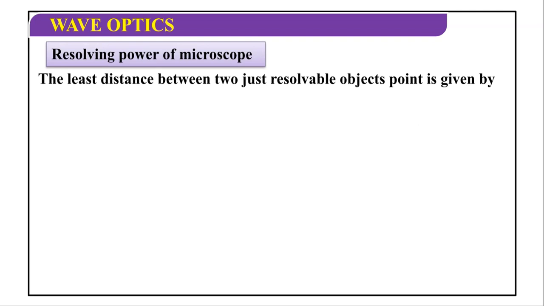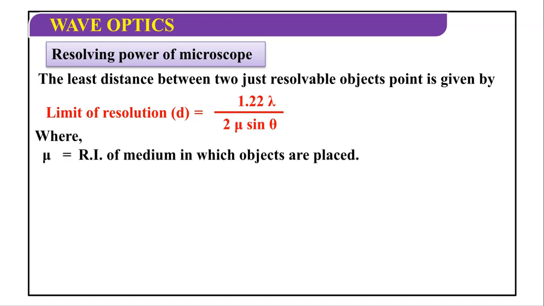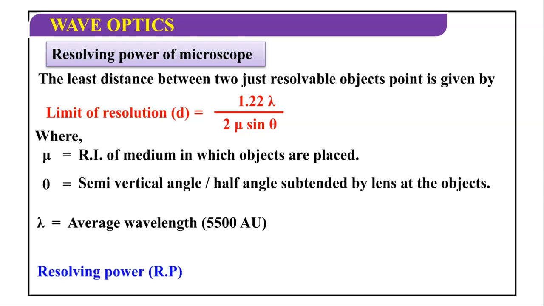The resolving power of a microscope is defined by the least distance between the two resolved object points, given by the limit of resolution d = 1.22 lambda by 2 mu sine theta, where mu is the refractive index of the medium in which the object is placed, theta is the semi-vertical angle or half angle subtended by the lens, and lambda is the average wavelength.